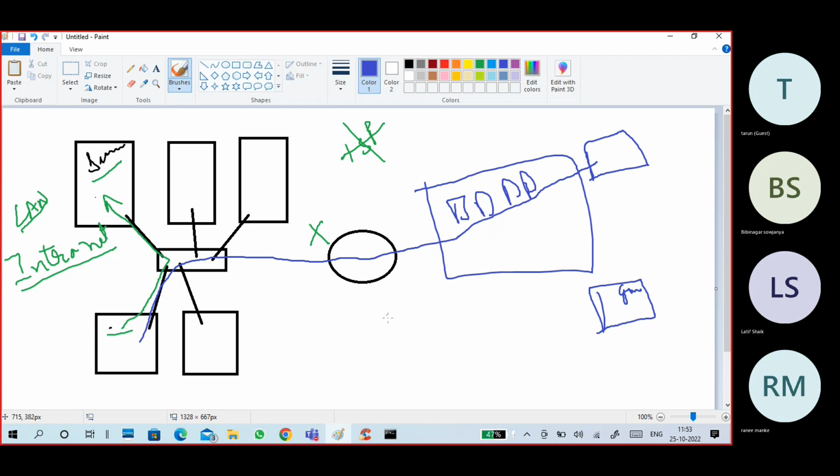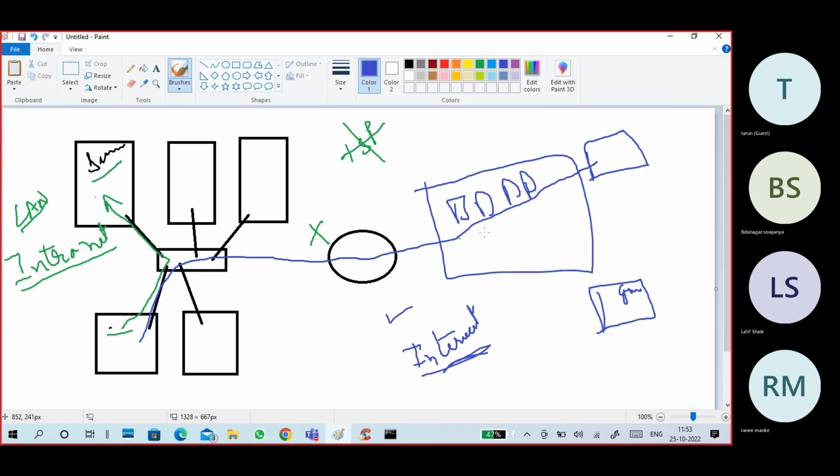This is called the internet. Internet means we are connecting globally, publicly.